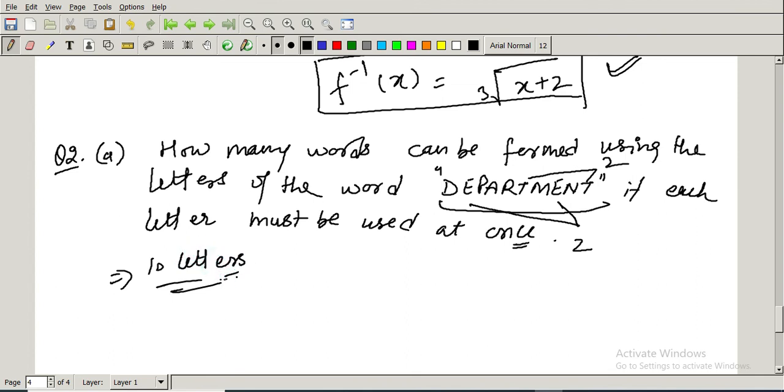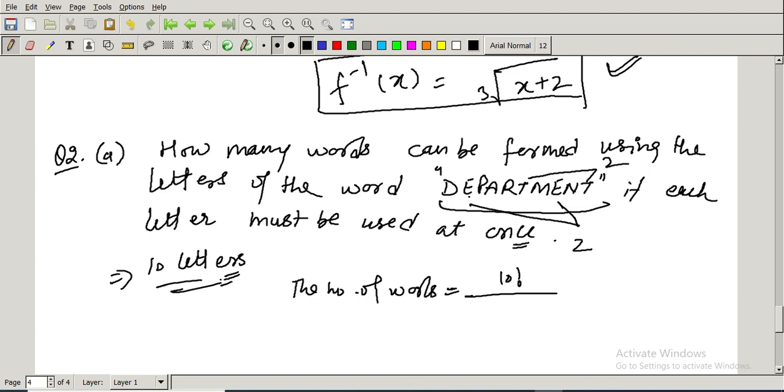So they are asking how many words can be framed or formed using these letters that exist in the word department. So the total number of words will be 10 factorial, divided by the number of letters that are appearing 2 or more times.